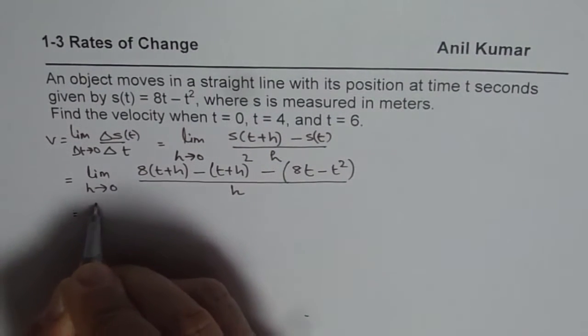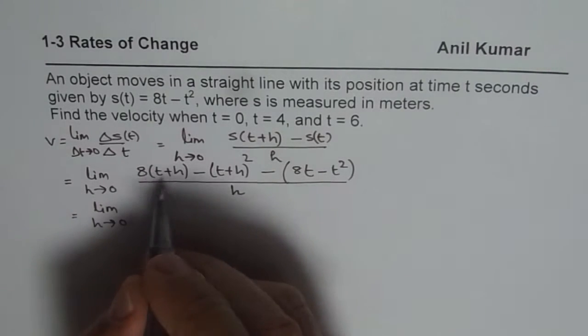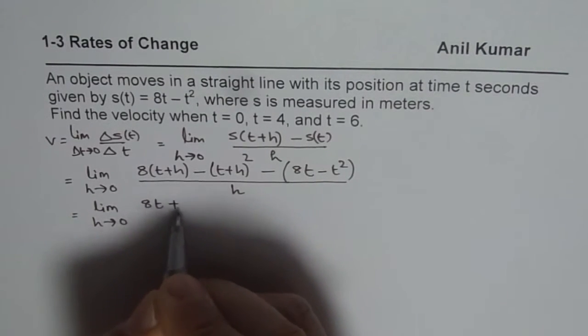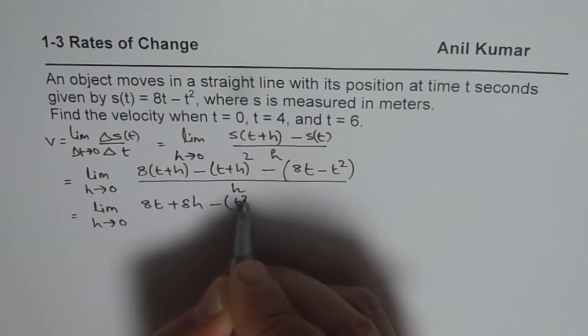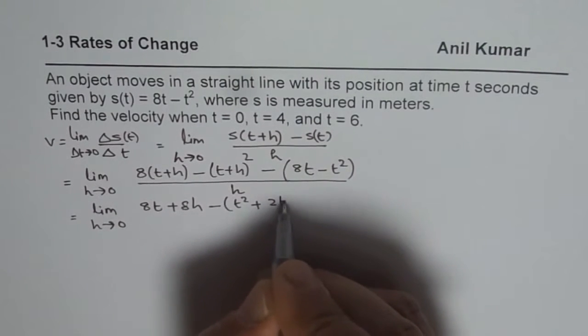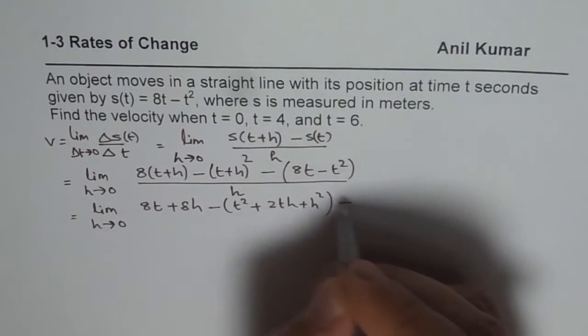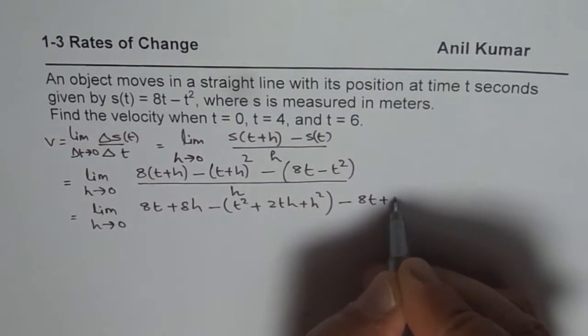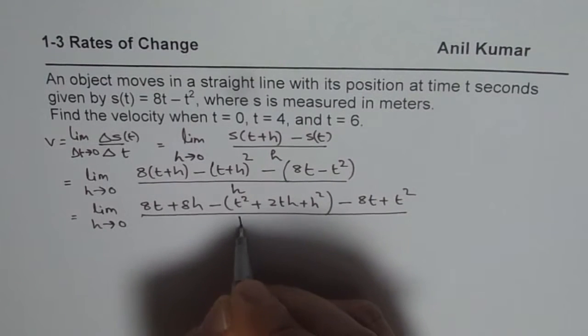Now let us expand the numerator and simplify: 8t + 8h − (t² + 2th + h²) − 8t + t², everything divided by h.